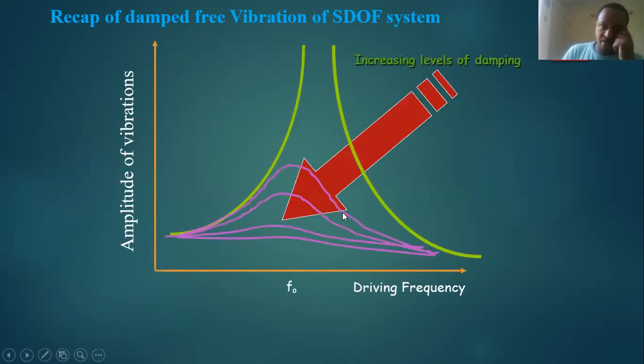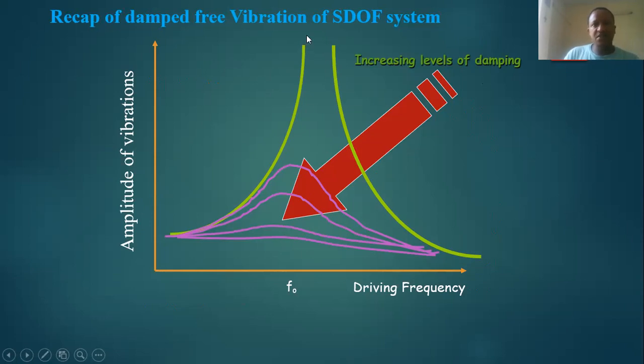So what is the effect of damping? Increasing the level of damping from here to here, the amplitude of vibration decreases. As the damping level increases, the amplitude of vibration decreases.